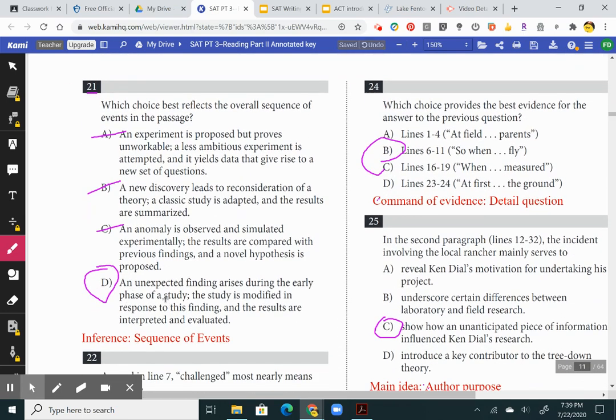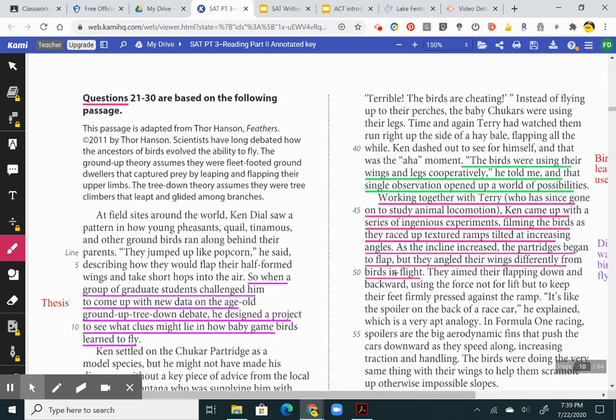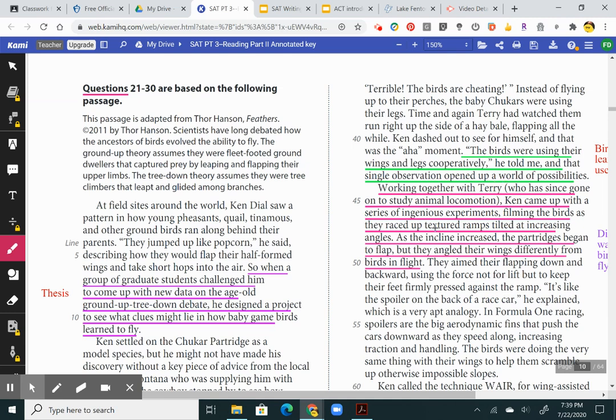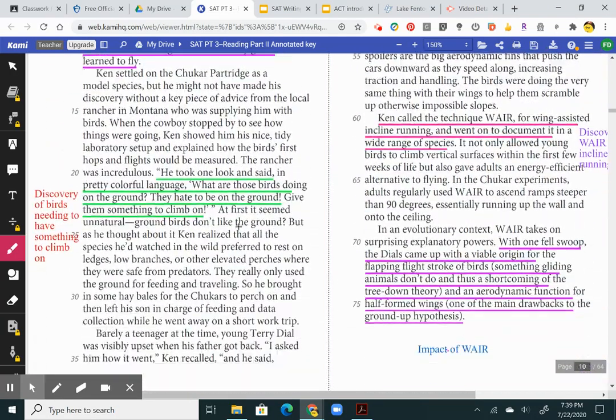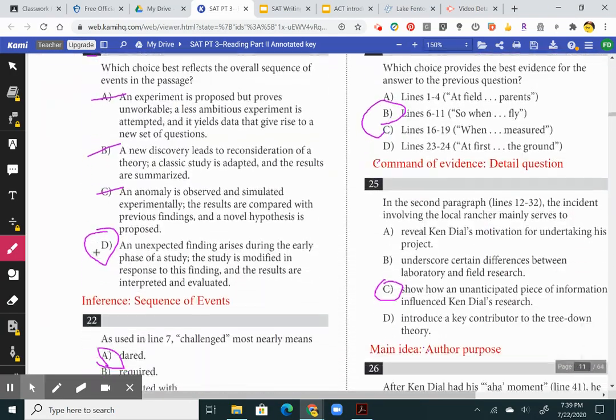During the phases of a study, the study is modified in response to this finding, and the results are interpreted and valued. So the birds were using their wings and legs cooperating. That single observation opened up a world of possibilities. Then it starts talking about how he modifies the experiment based on that aha moment. So that's why D is our best answer.